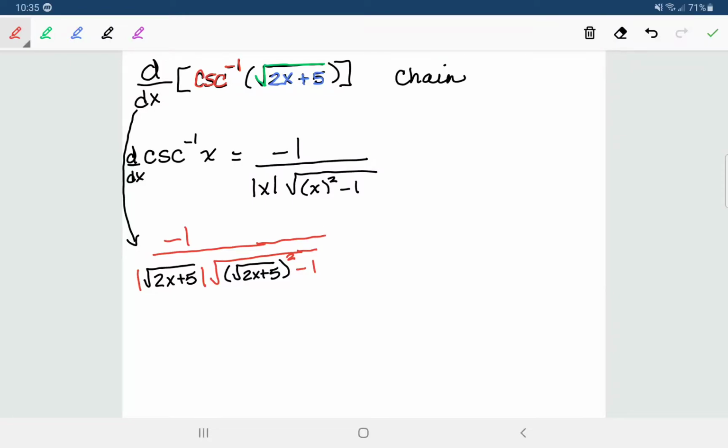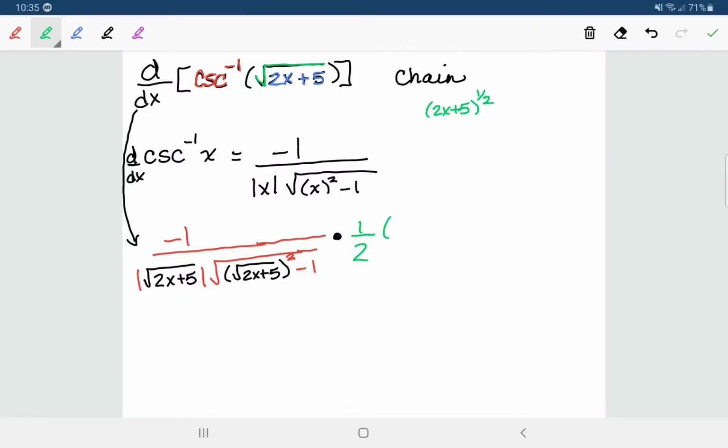So we have just differentiated the outside function, but now we have to differentiate the middle function. So the square root function, remember we could write this as 2x plus 5 to the 1/2 power and apply the power rule. So the derivative of the square root will be 1/2.